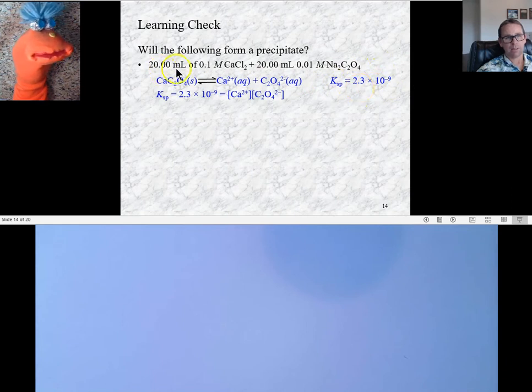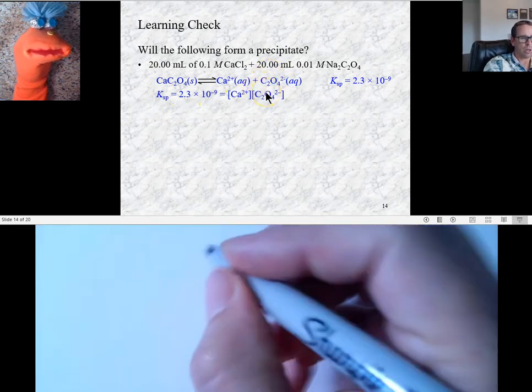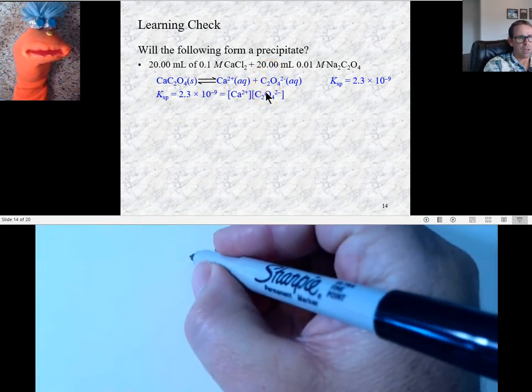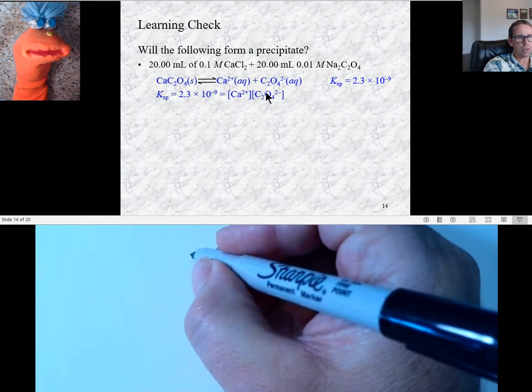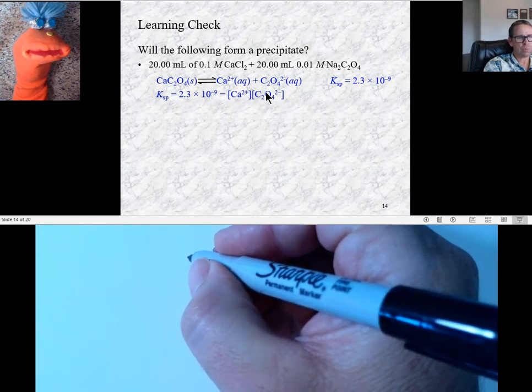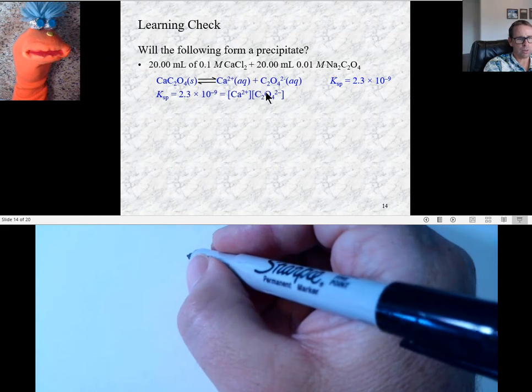But if I put in these concentrations so that I end up with 20 mL of 0.1 molar and 20 mL of 0.1 molar, I can identify what the actual concentrations of my calcium and my oxalate, carboxylate, sorry, are. 20 milliliters, 0.1 moles per liter, right?